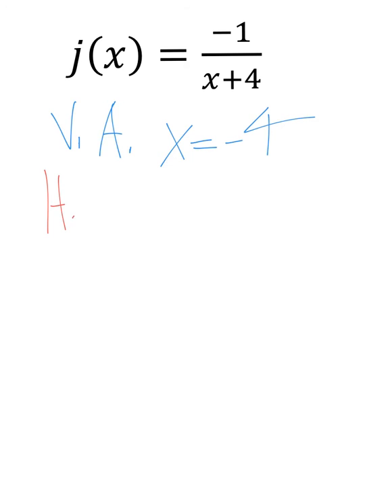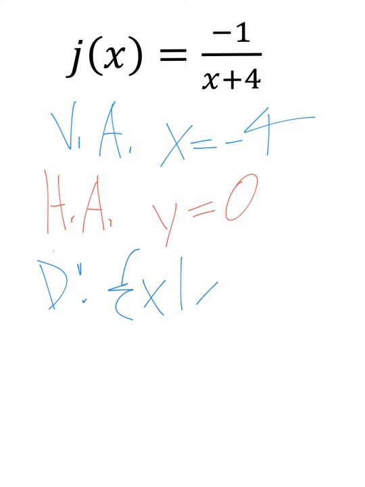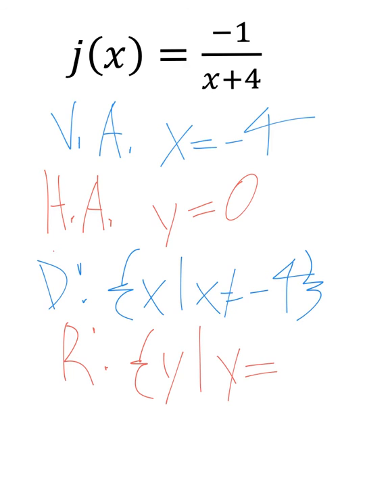So if there's nothing on the side, we'll just simply say y is equal to 0. And so my domain is x is in all real numbers, except x cannot equal -4. My range is y is in all real numbers, except y cannot equal 0. And so that's it for that.